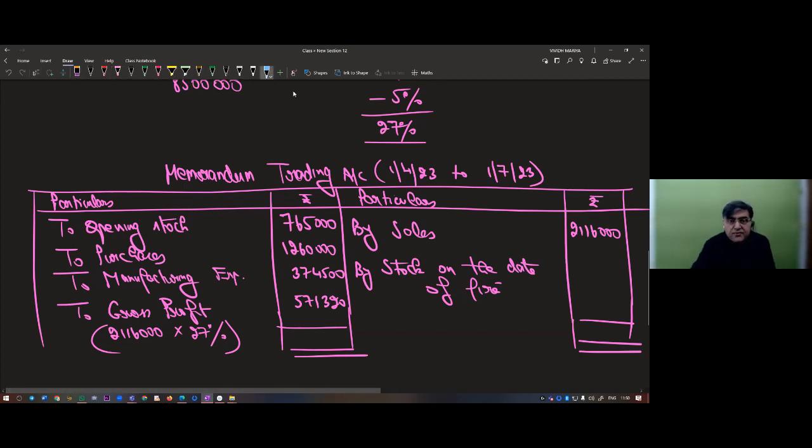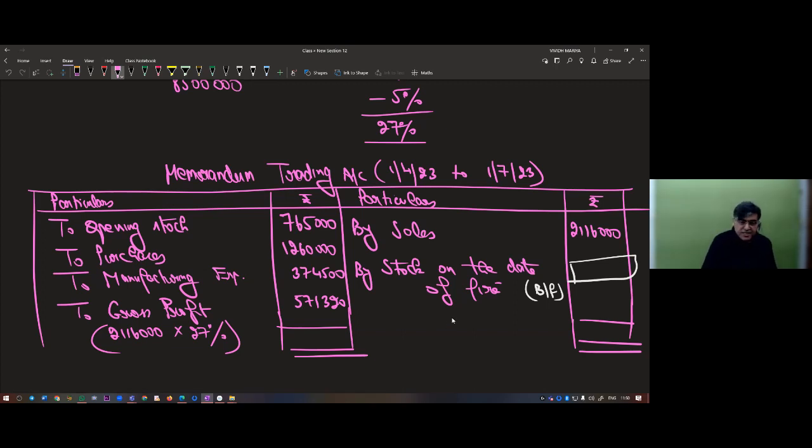The balancing figure is stock, and the stock will be this 374,500 plus 1260 plus 765 minus 2116 minus 571, that is 8,54,820.